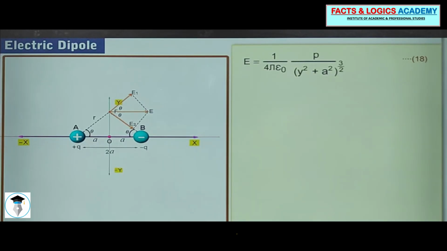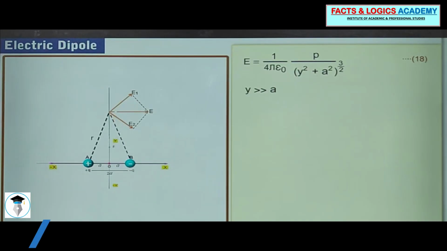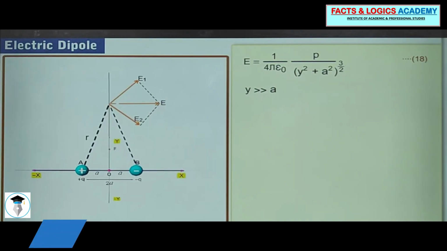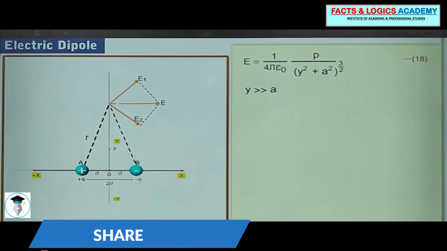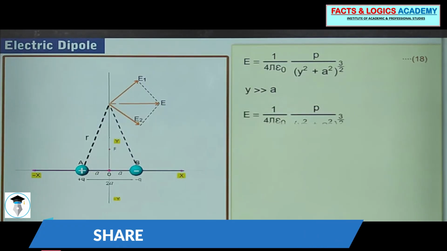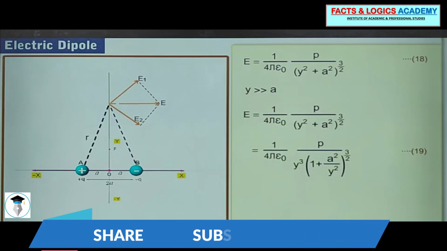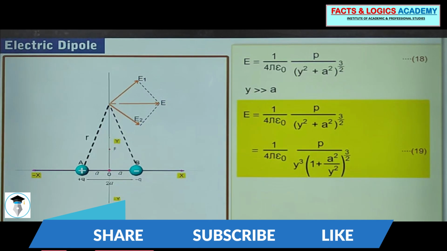When the point F is at a very large distance from the center O, then y is very large as compared to a. Then, writing the expression 18 as in equation 19 and neglecting the term a square by y square, which is very small as y is very large compared to a, and on further simplification, we get E is equal to 1 by 4 pi epsilon naught p by y cube.